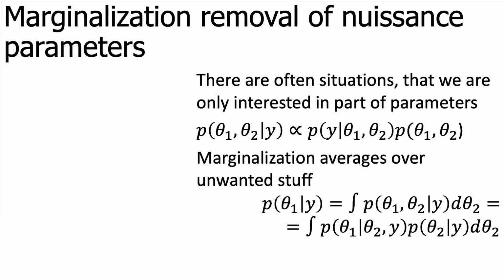Using Bayesian computation, generally, we can remove the unwanted parameters from our model. We can do it analytically through rather complicated integration, but it can be done. And it is often done in the case of discrete parameters.